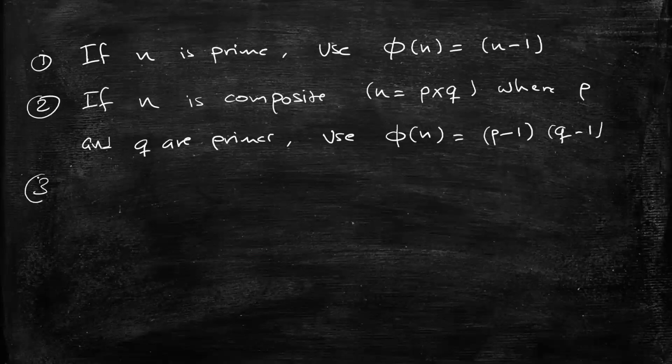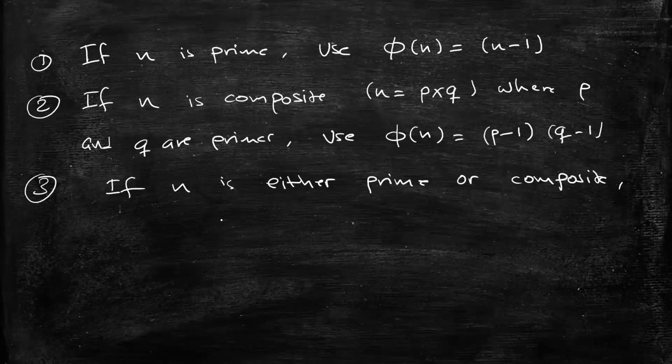We also have a third case, which is probably the most useful one, and that is if n is either prime or composite. Okay, so we're going to be using this formula. So what does the formula say?